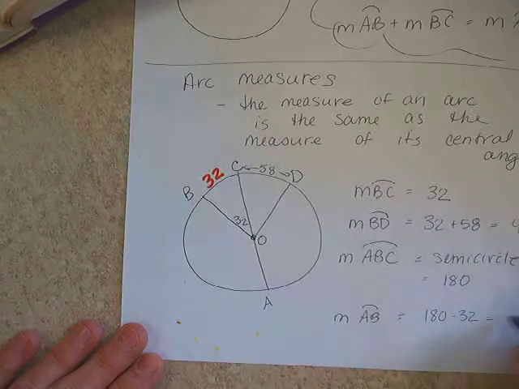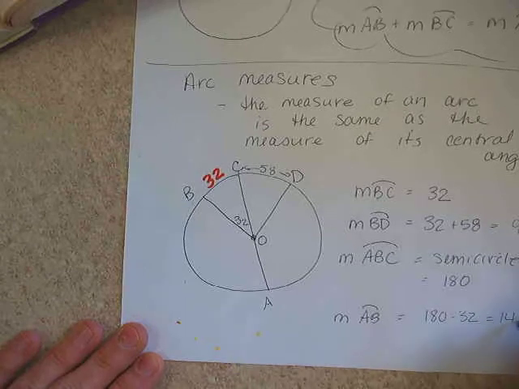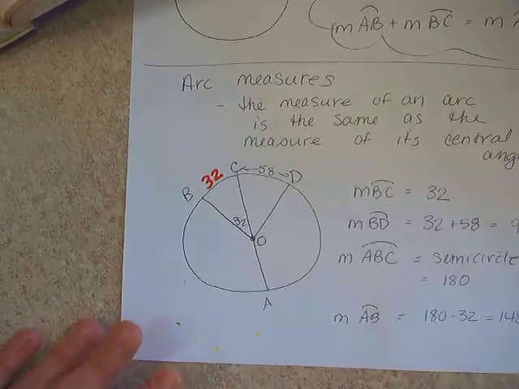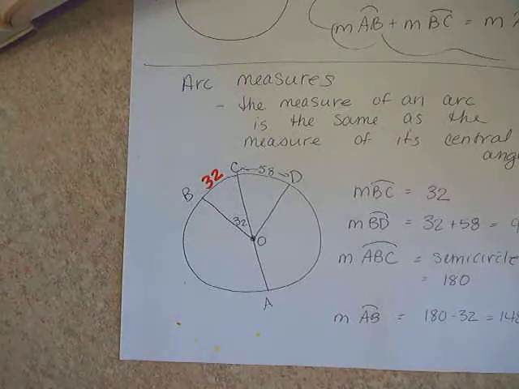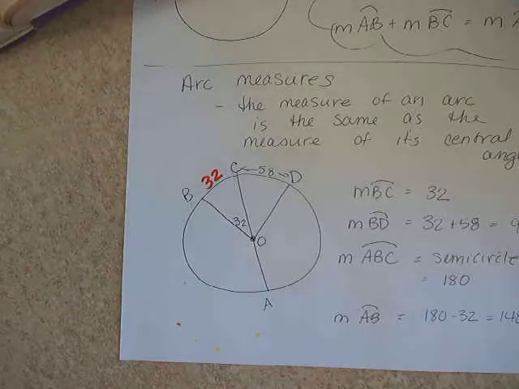And BC is 32. So what do you have to do to find the remaining part? Subtract 32 from 180. So that's 180 minus 32, which is 148, right?